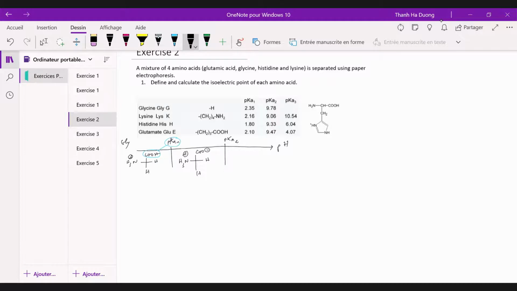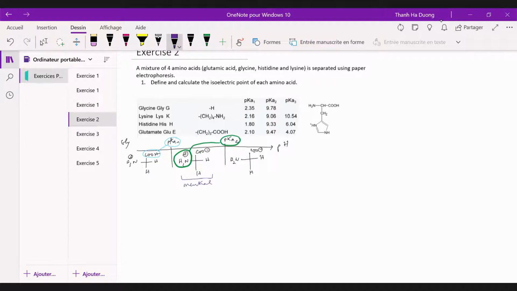After, when the pH is higher than pKa2, which corresponds to the pKa of this function, you will deprotonate this function. And so you have the neutral form, it's here.